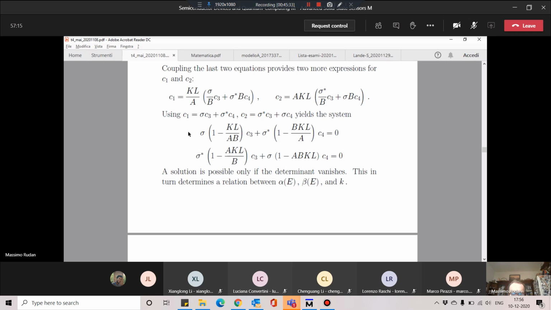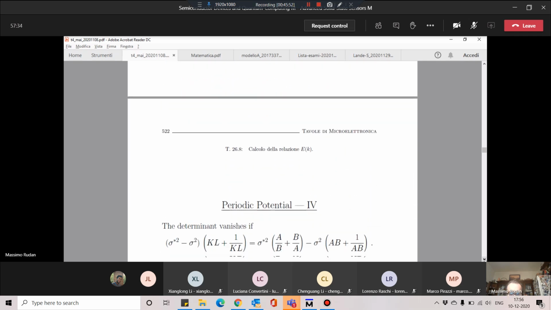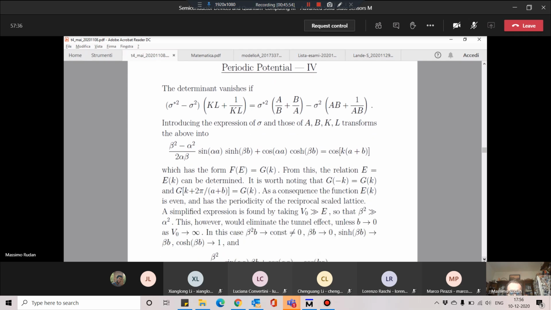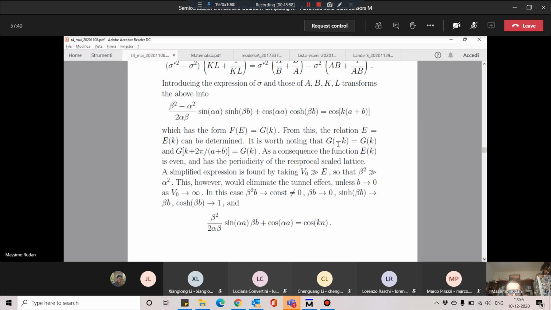The second one is C star parenthesis 1 minus BKL over A, etc., etc. So we impose that this determinant vanishes. When we do so, it takes a long calculation, but it is not complicated, simply long. We find this expression, the expression that is visible on the second line.